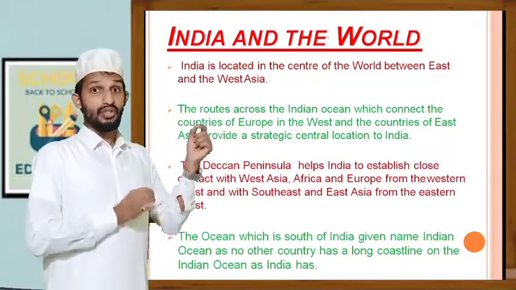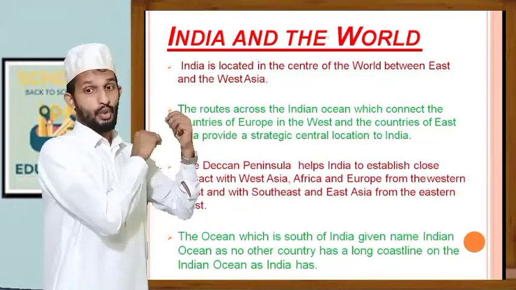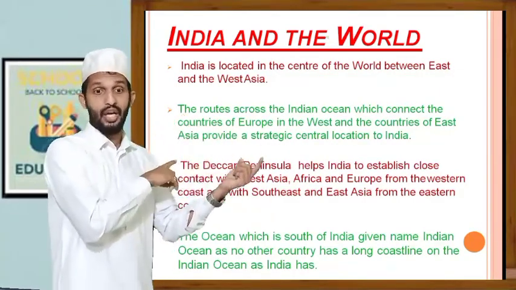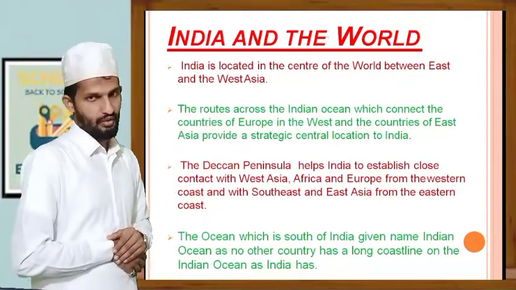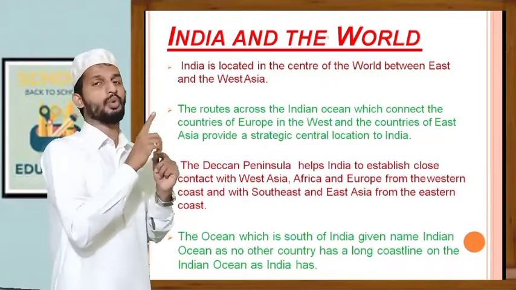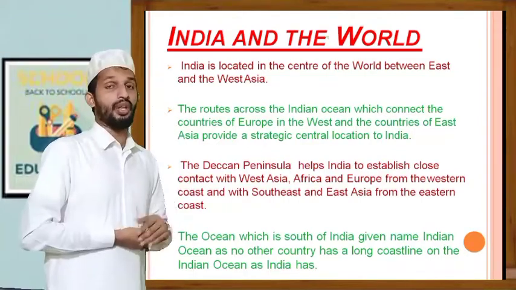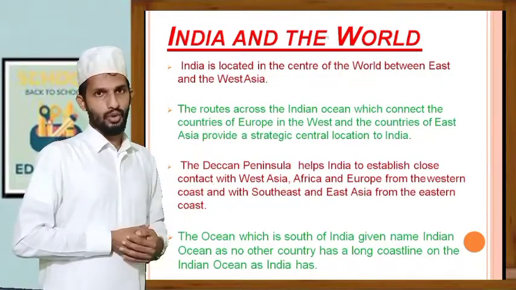The route across the Indian Ocean, which connects the countries of Europe in the west and the countries in East Asia, provides a strategic central location to India. So when anyone travels from Asia to Europe, they have to go through India. So it has a long connection with the entire world.